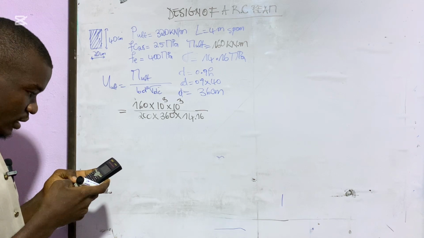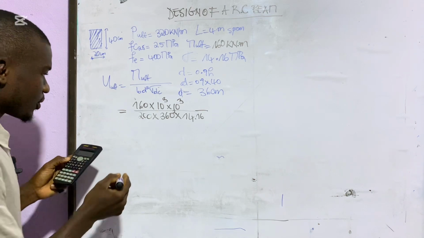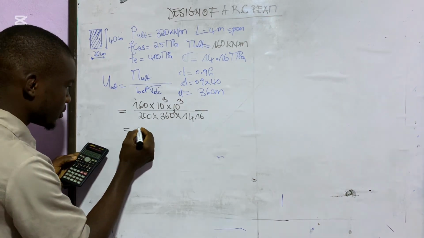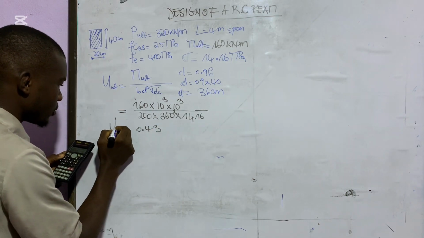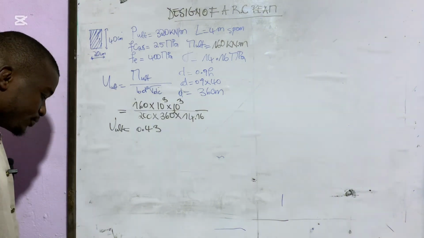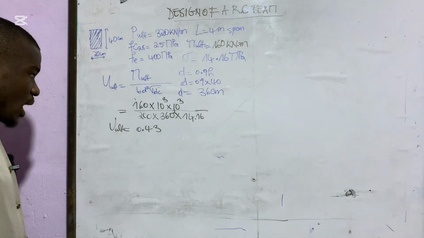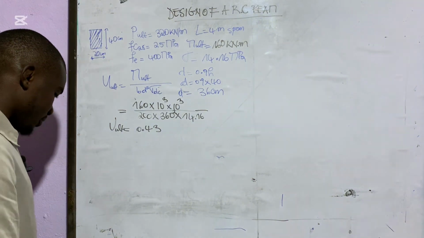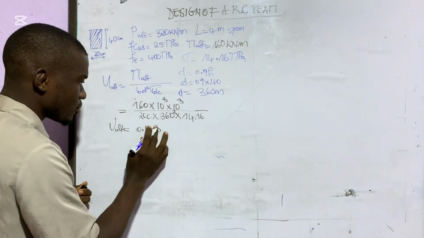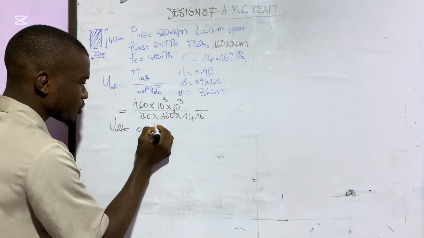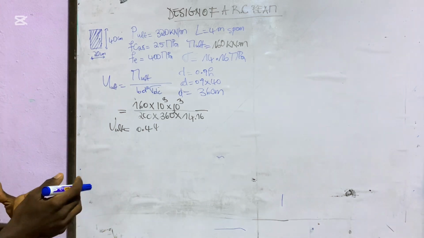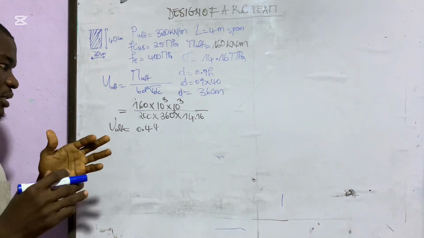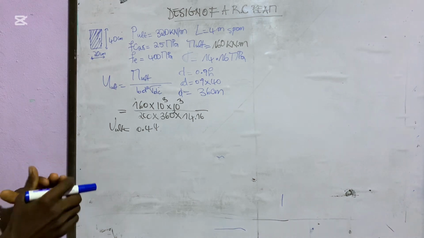It's going to give us 0.43. So our mu ultimate is 0.4355, so let me just put it as 0.44. Our mu ultimate here is like the ultimate moment reduced.